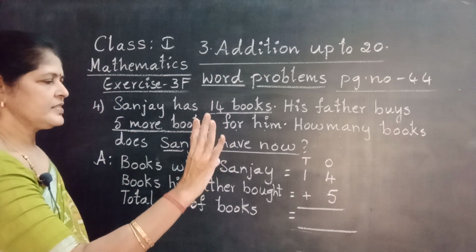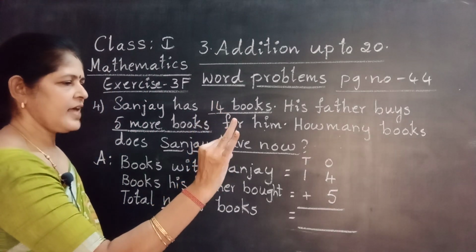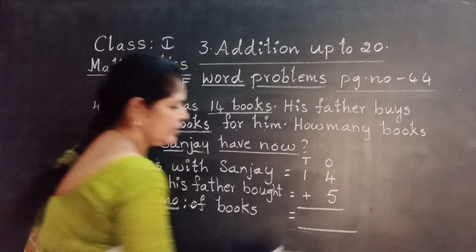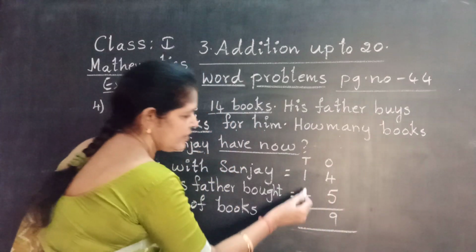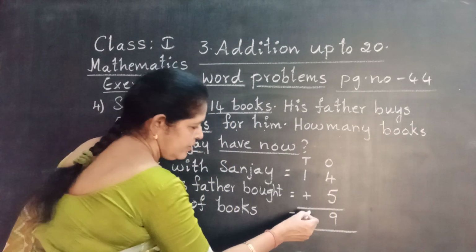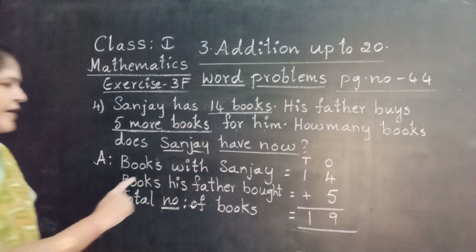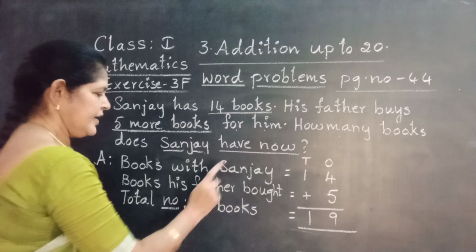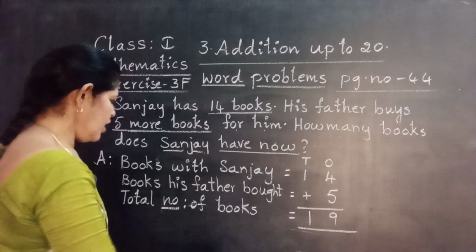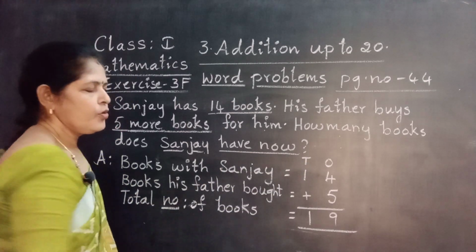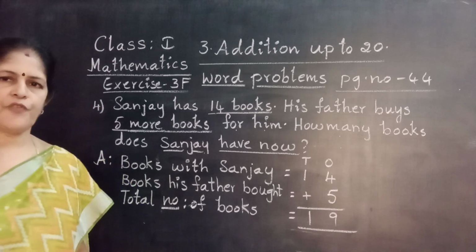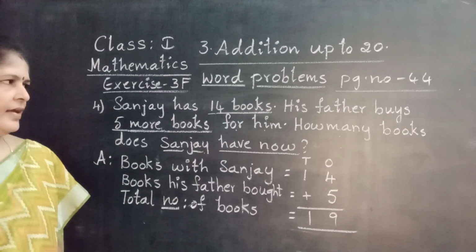Take 4 fingers. 5 after: 6, 7, 8, 9. Write 9 in the ones place. Bring down 1. Total number of books is 19. Sanjay has 14. His father bought 5 more books. Then total number of books is 14 plus 5, 19.